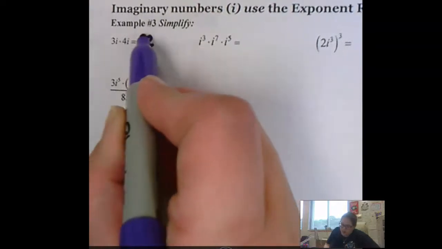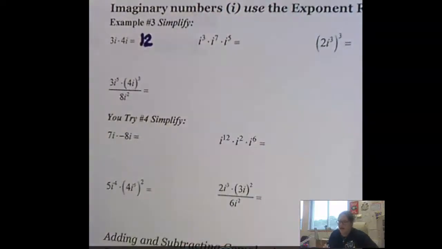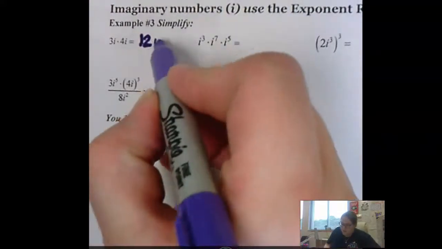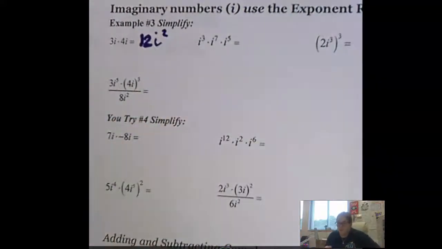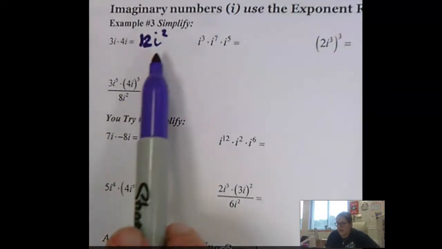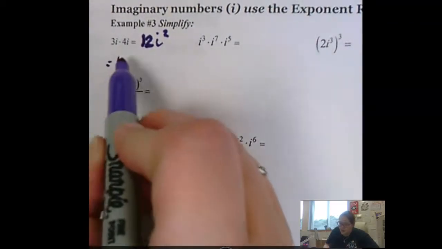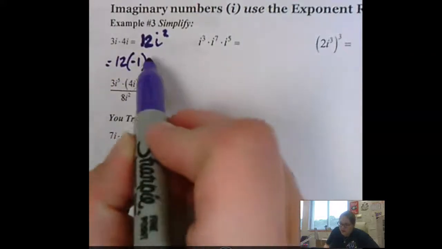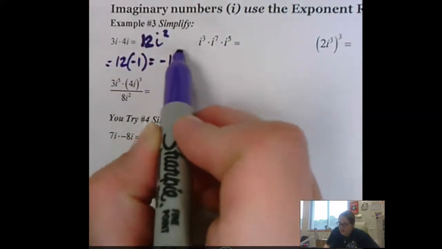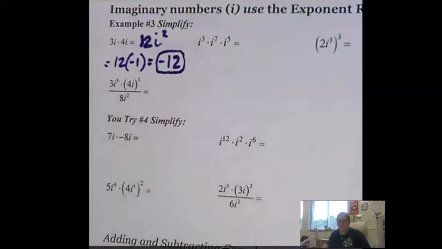So 3 times 4 is 12. i times i, that's using one of our exponent properties. I would add the exponents, that's i squared. So this is equal to 12 i squared. Well, what value does i squared have? We just looked at that. i squared has a value of -1. So this is actually 12 times -1, which can be more simply written as -12.